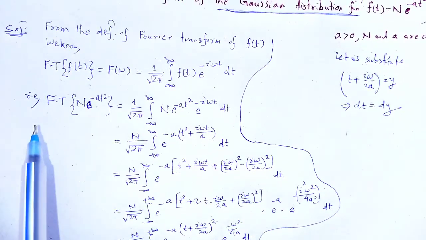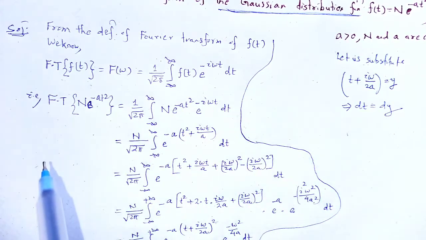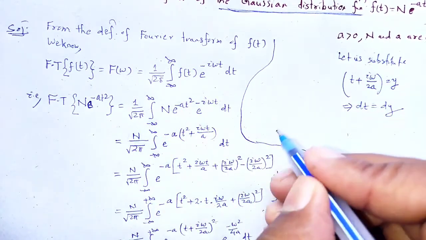Then the Fourier transform of that given function, which is f of omega.